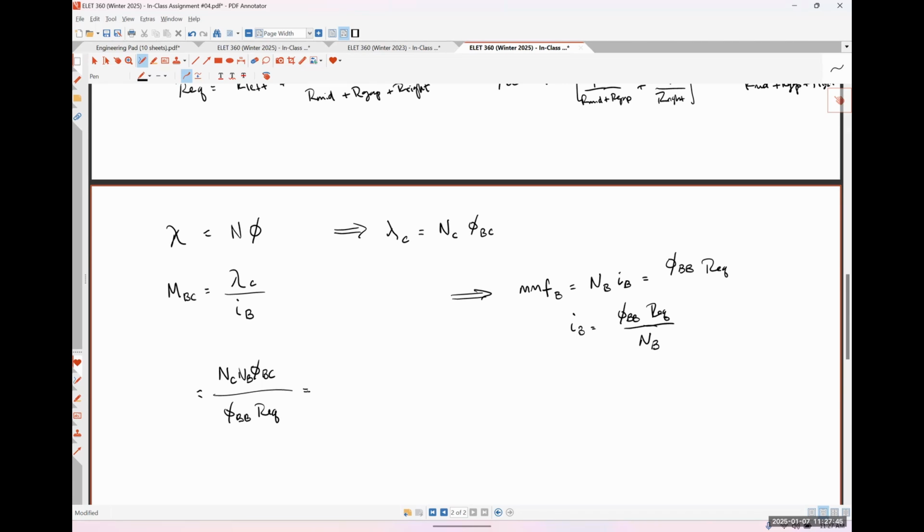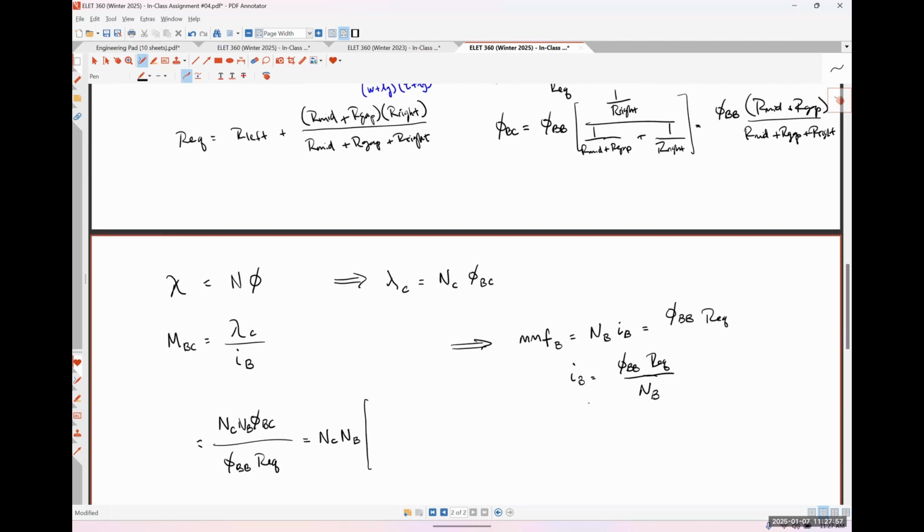Let's keep on substituting things in here. Okay. So let's start with, I'm just going to put this NC times NB here to the outside. Okay. Phi BC was phi BB times R mid plus R gap over R mid plus R gap plus R right.